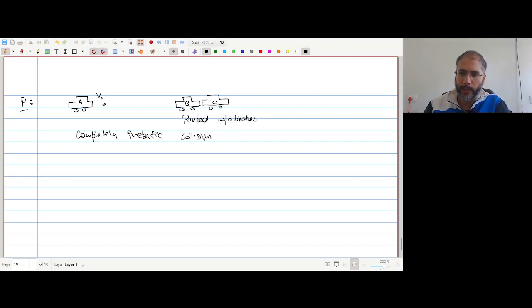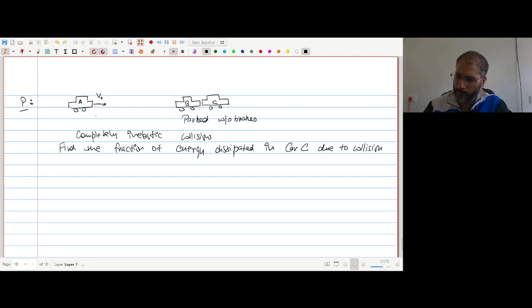So we have to find out what fraction of total energy is dissipated in car C due to collision. Right. So let's try to find that.